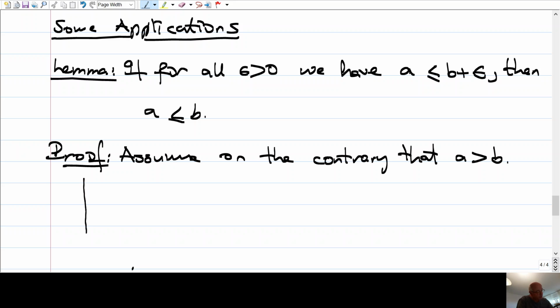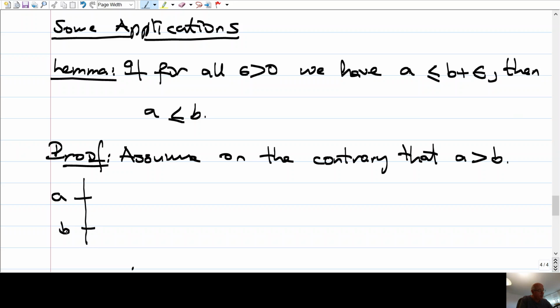So here is the situation. B is somewhere here and A is somewhere here. But our assumption tells us that if I add anything to B, I will get something larger than A. If you look at this picture, you see that that's not true anymore, right?